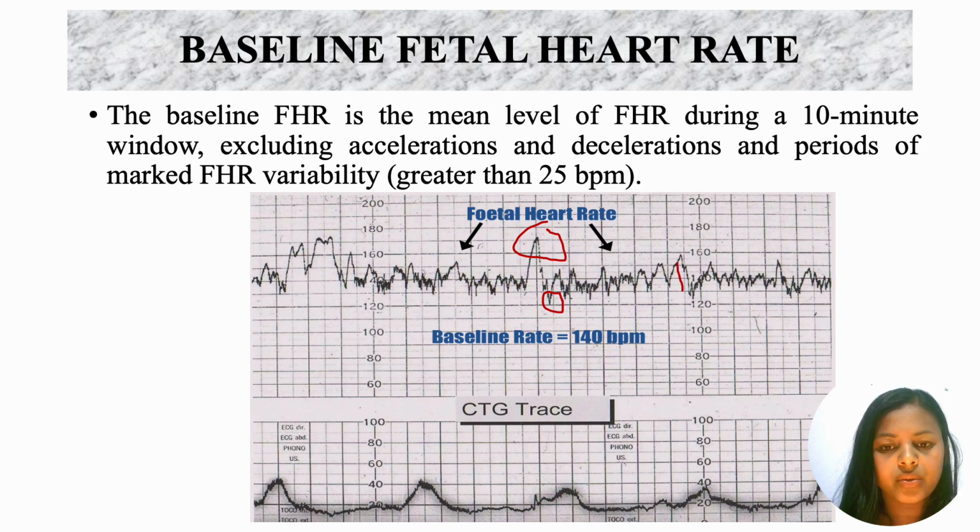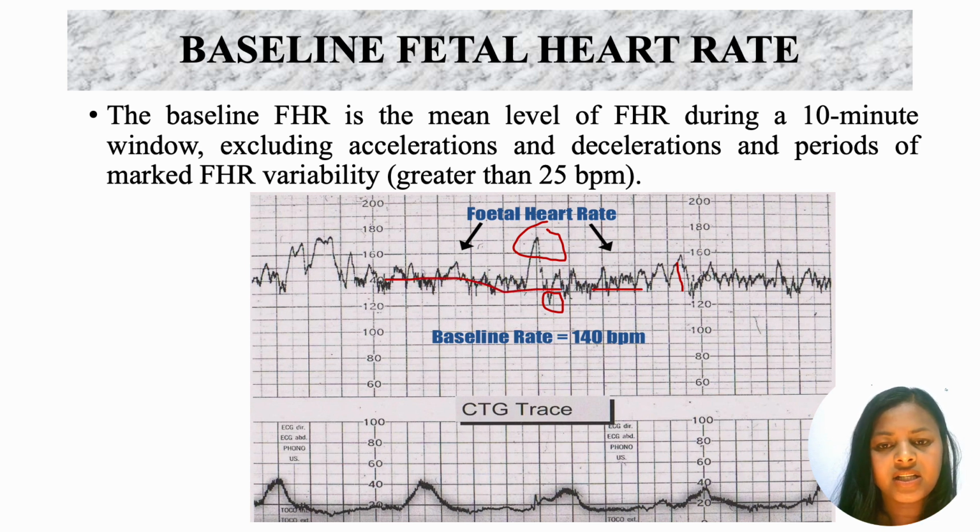Marked variability is greater than 25 beats per minute. So these three components we have to exclude when we assess the baseline fetal heart rate. This is the baseline fetal heart rate and that is 140.